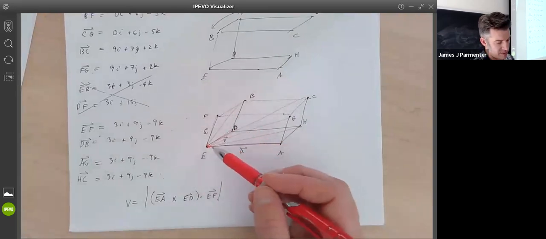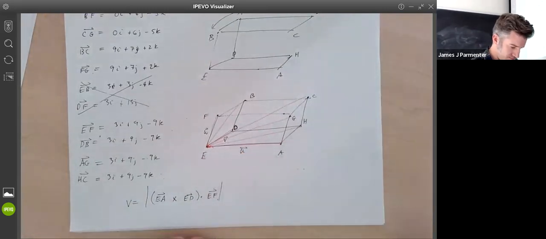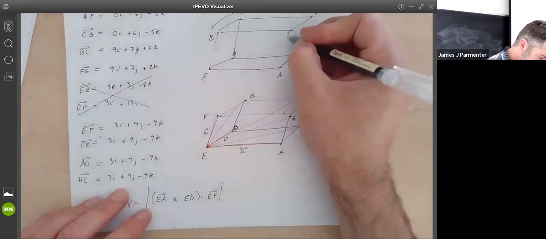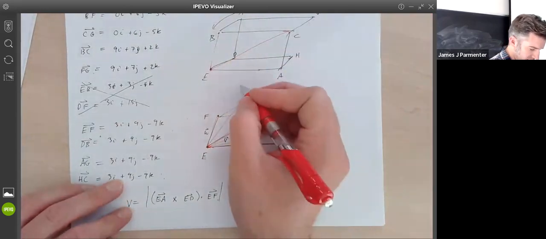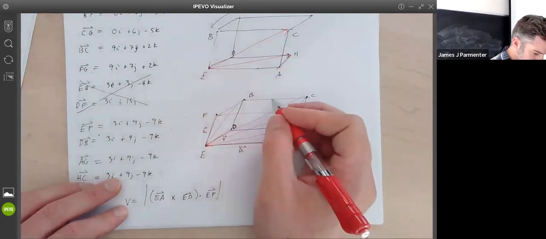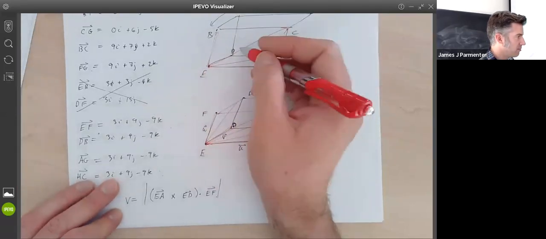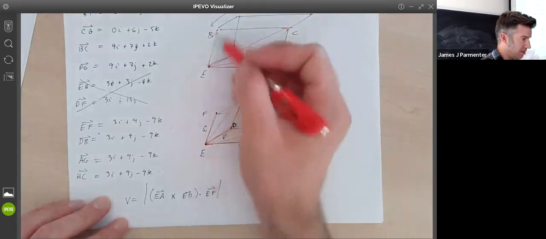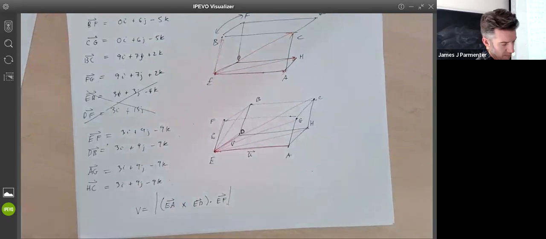If I look at this vector, and I can see that it is maybe the sum of this vector and this vector, then I don't want that one, because I want the 3 vectors that give me the 3 edges. So there are other ways of analyzing this without trying to look for everything being parallel, and it might be faster. It might not be, but it's really guessing and checking.